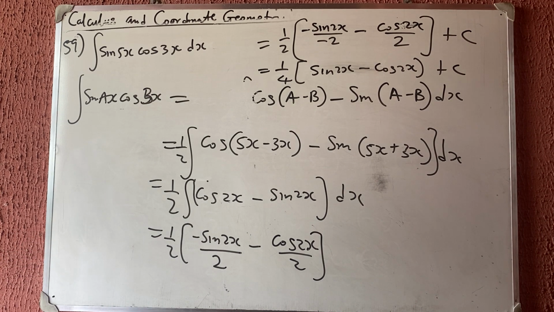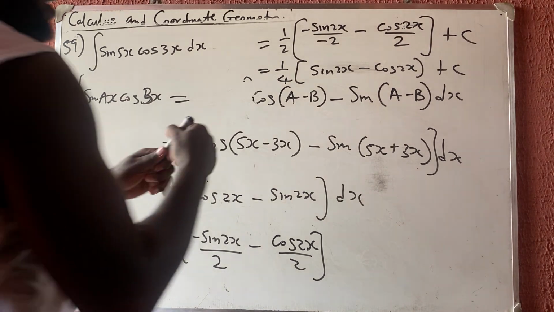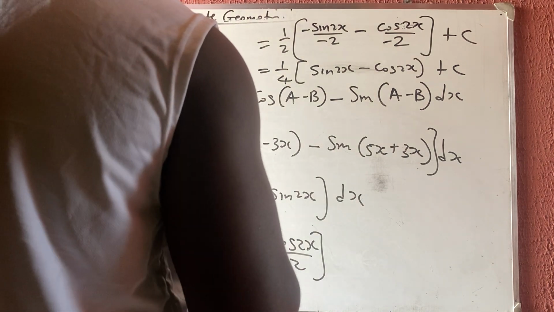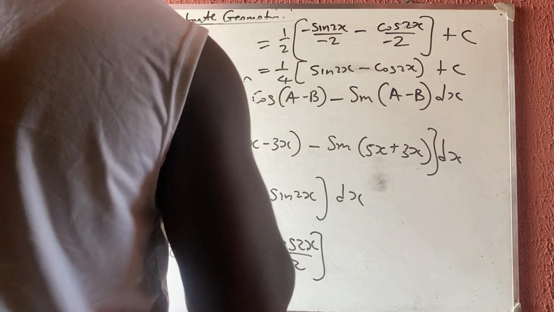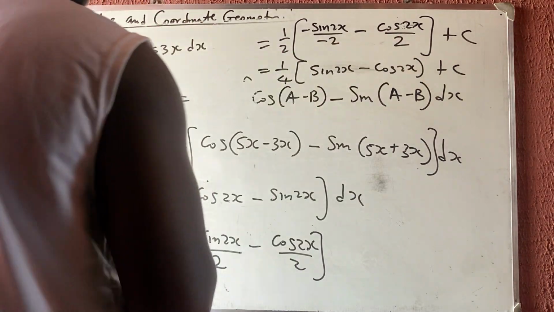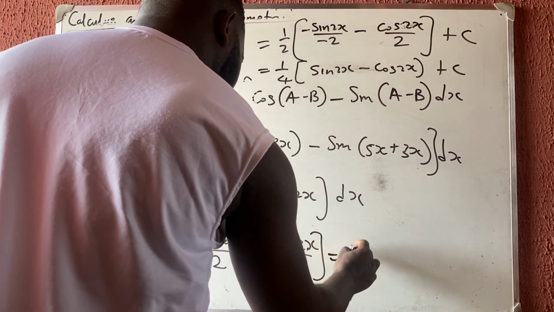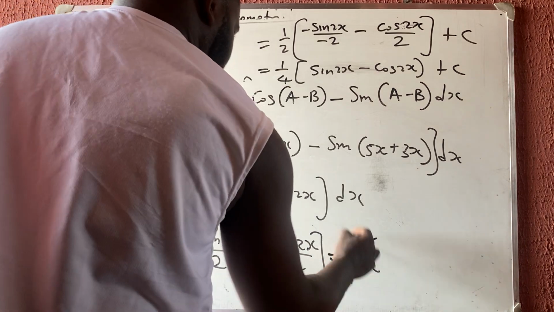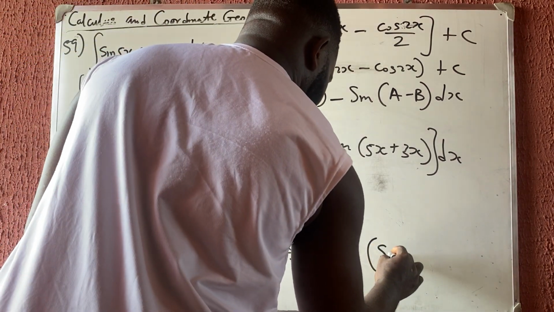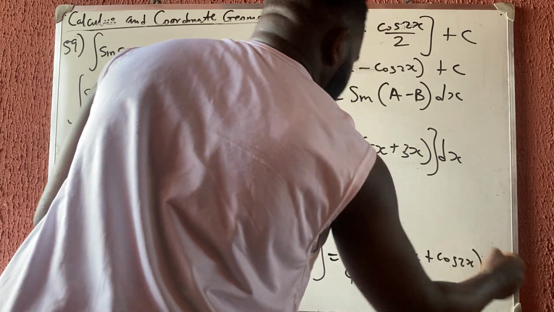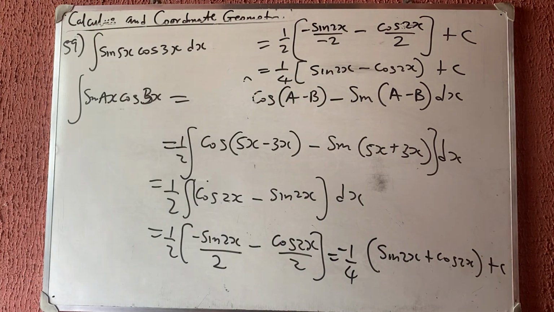So what is now the case here? We did not even get the same answer. Yes, there is minus here in the denominator. So minus is plus, minus is plus. So what brought about the conflict? So this is equal to 1 over 4, bring out the 2, into minus 1 over 4 into sine 2x plus cos 2x, then plus a constant. I think this one is the correct answer to that.